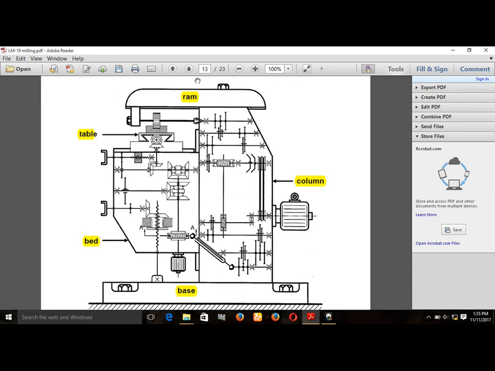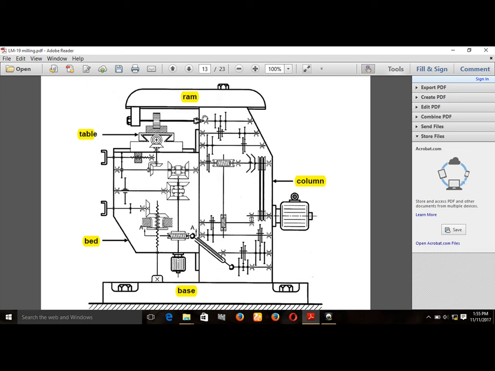So we can see here a ram, a cutting tool, and a workpiece. There is a column and a base, and here is a bed and a working table. So we can easily find that it is a kind of milling machine.